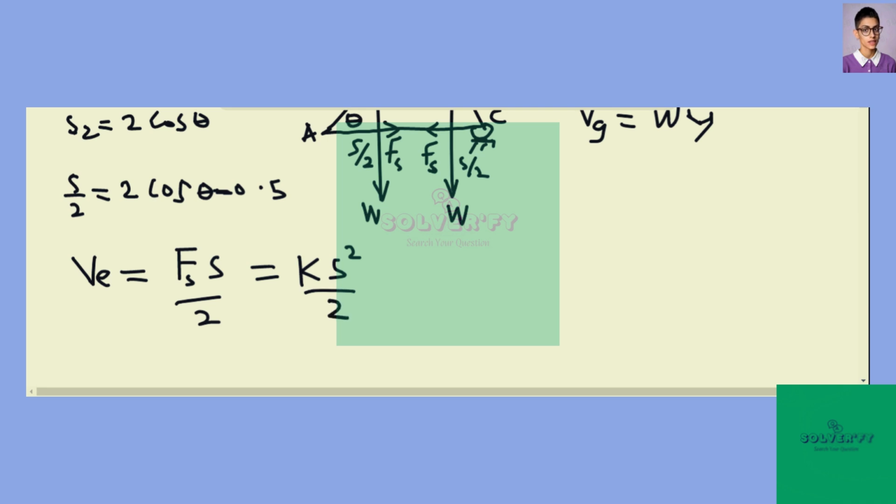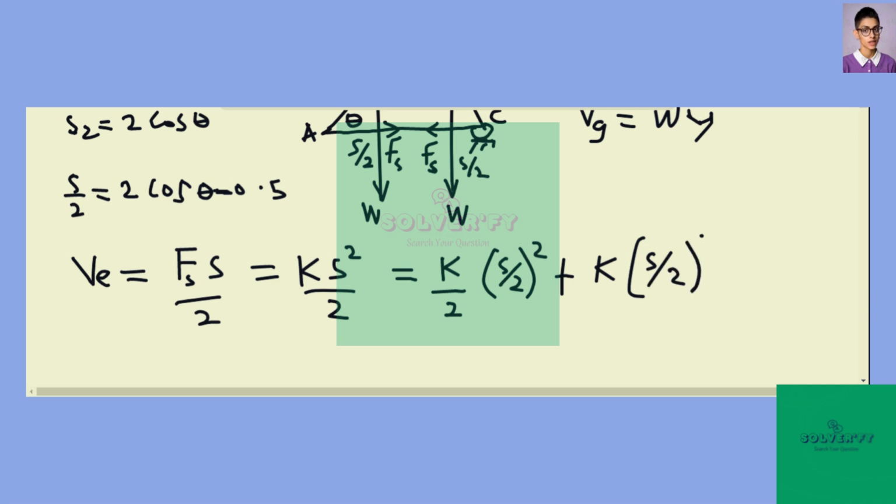Considering F sub S, two of them, if you divide by 2, we will have K into S over 2.